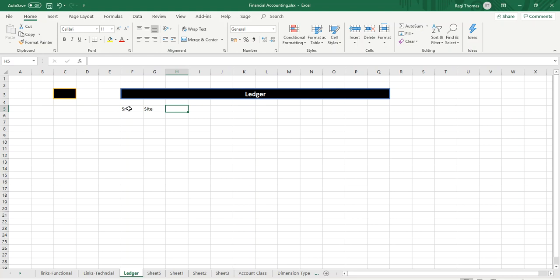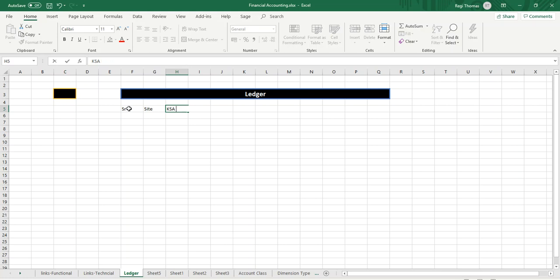When you get a JV effect in your general ledger, the first thing triggered is your main ledger. Let's assume you are in a country called Saudi Arabia, so you designed your ledger called the KSA ledger, and that ledger belongs to a chart of account.